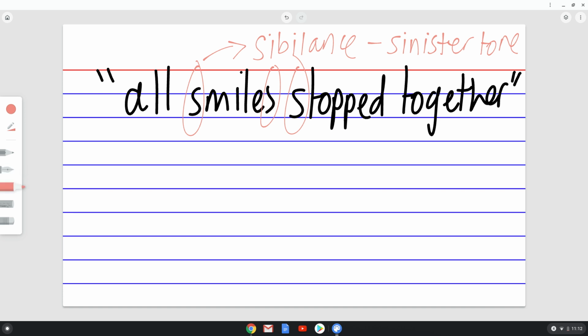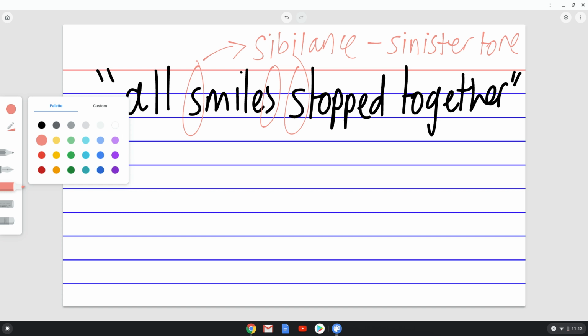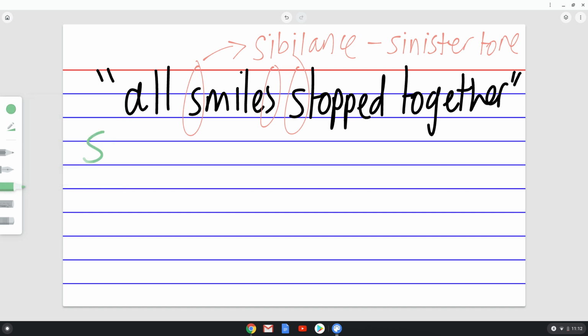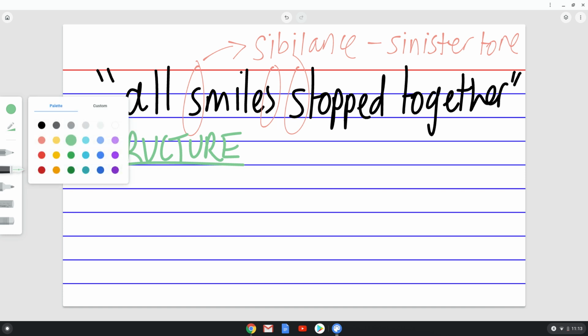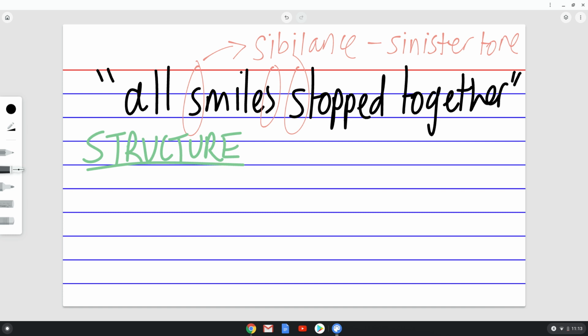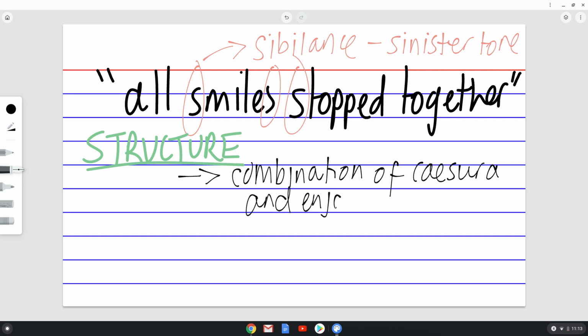So I'm just going to switch here, and I know that my structure colour is green, so I might just put a little note about structure, and then I might put, remember I'm thinking about how it shows that he's corrupt, and I might say combination of caesura and enjambment.